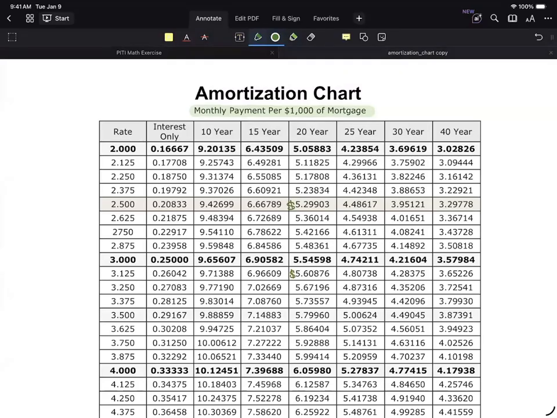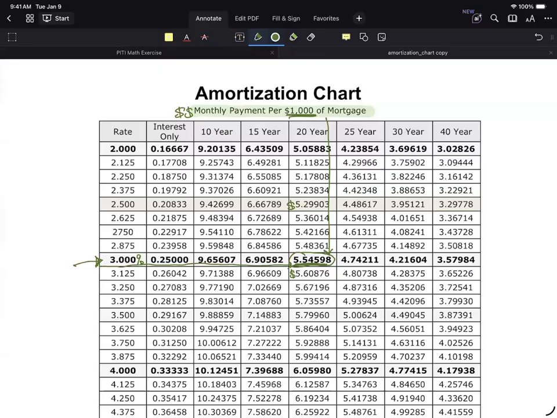If you borrowed at 3% annual interest for 20 years, this is telling you your factor is $5.54. That's what this chart does. It tells you the factor, the dollar amount of the monthly payment you pay per thousand of the mortgage.